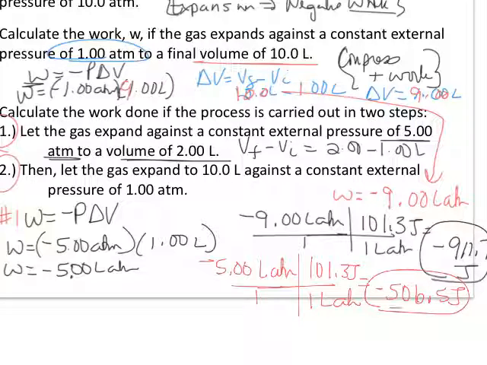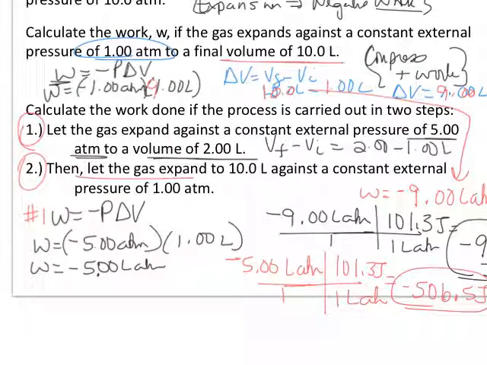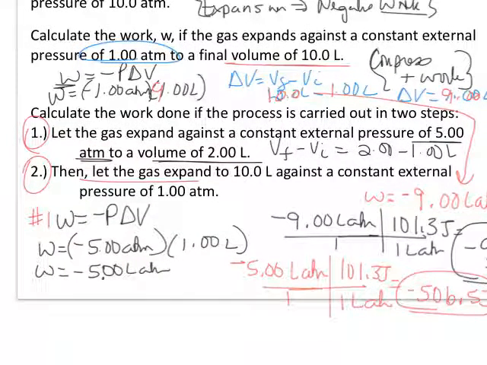And the negative, once again, is because the gas is expanding. The final volume is larger than the initial. Now we're going to couple this with the second step, and then we're going to add these two together. We then let the gas expand to 10 liters against a constant external pressure of 1 atmosphere.